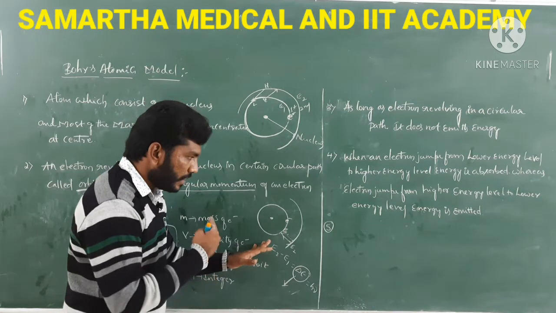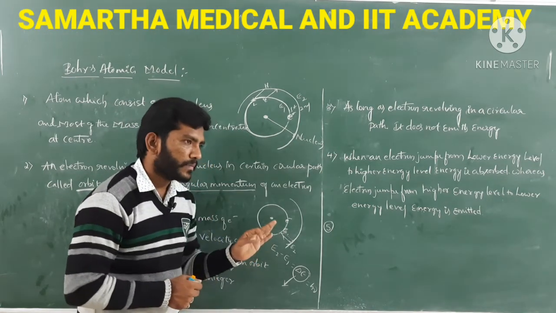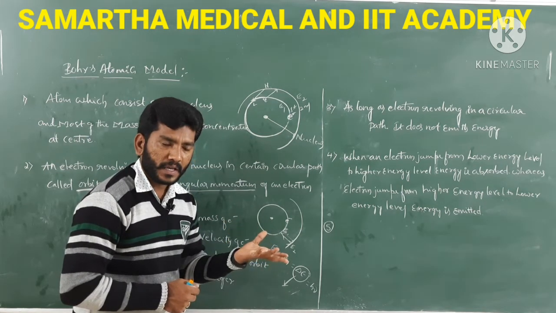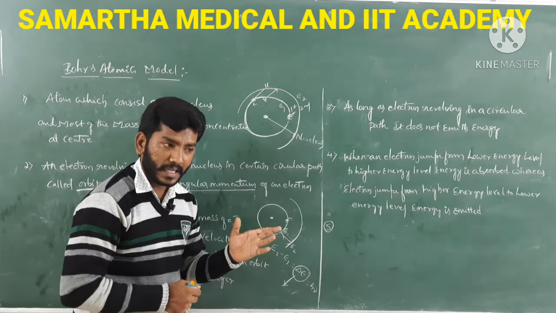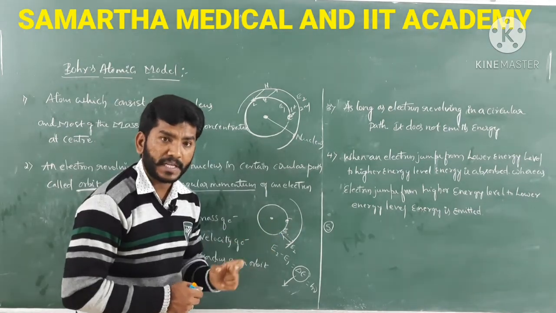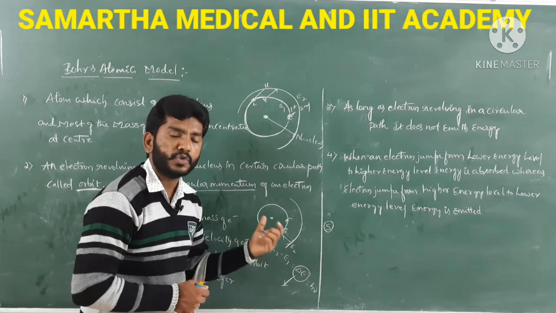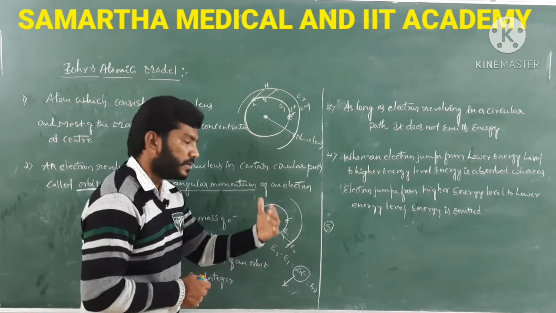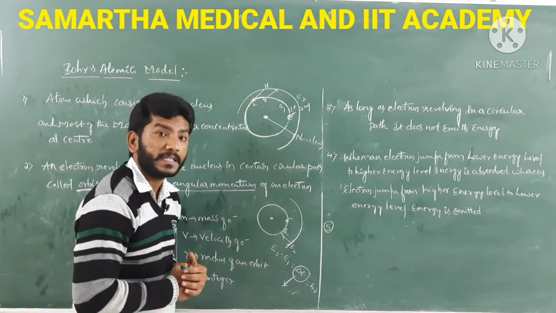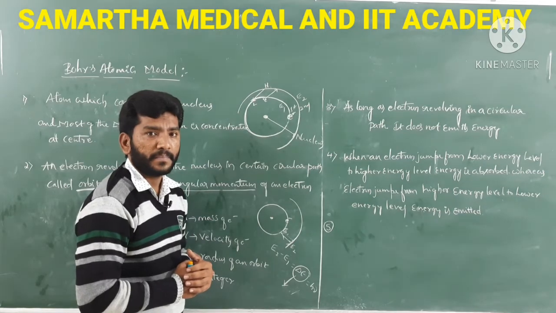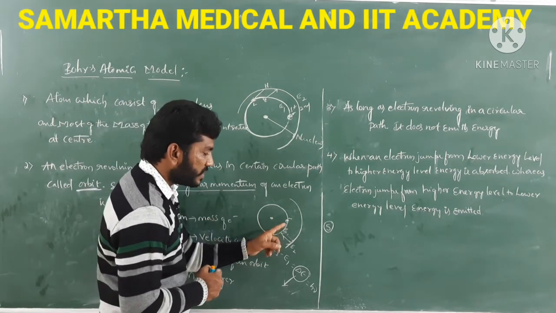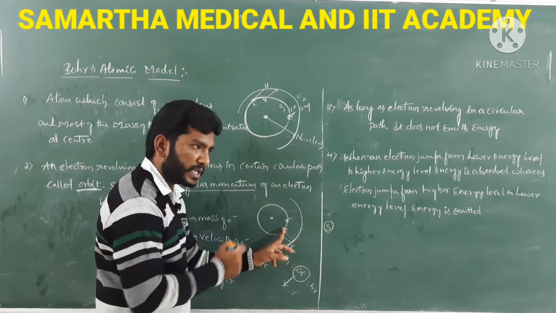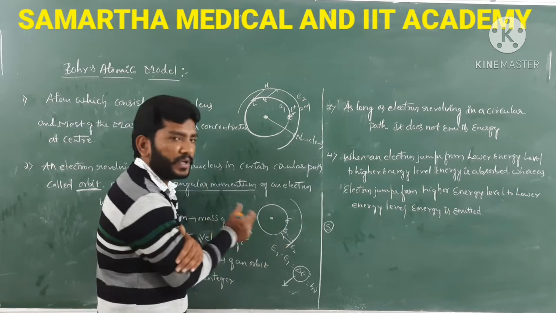What I mean to say is that whether an electron is absorbing or emitting energy, the energy is always equal to the energy difference between those two orbits, from where to where the electron has made the transition. Suppose an electron makes a transition from the first orbit to the second orbit or the second orbit to the first orbit, then that energy is equal to the energy difference between those two orbits.